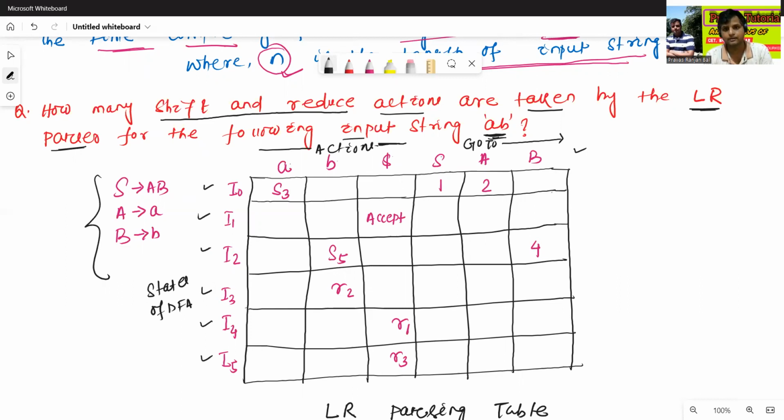So go to means S, A, B, and actions means A, B, dollar. And on the left side, I0, I1, I2, I3, I4, I5 are called the number of states.